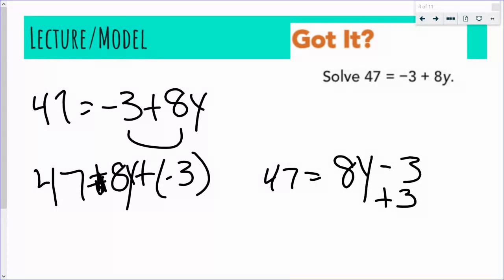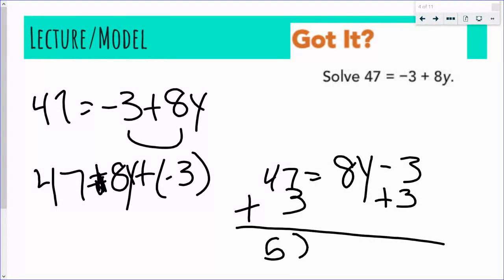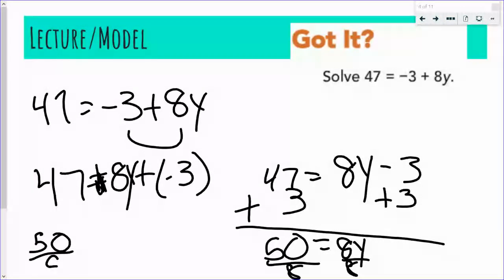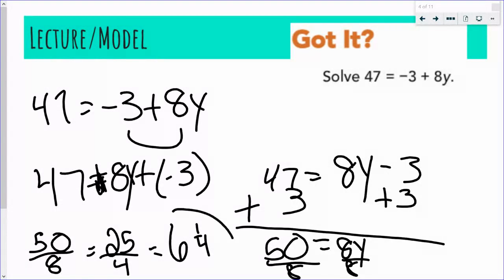Add 3 to both sides. 50 equals 8y. I would finish this off by dividing both sides by 8. 50 over 8 would reduce to 25 over 4 if I divide those both by 2. 25 over 4, 4 fits into 25 6 times with 1/4 left over.